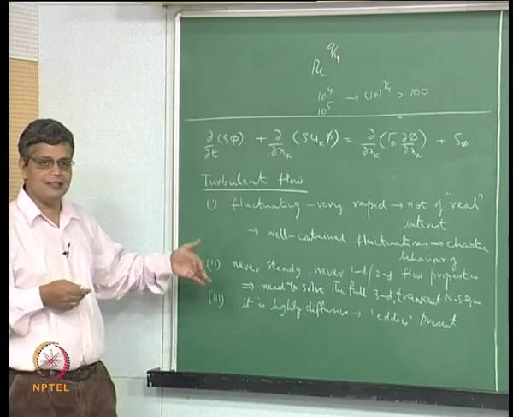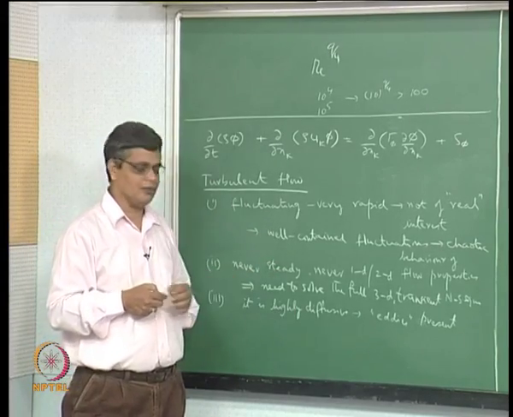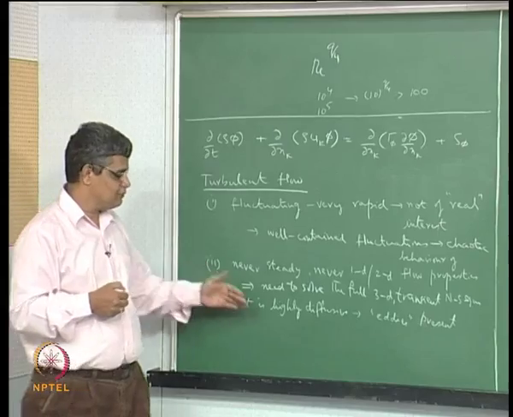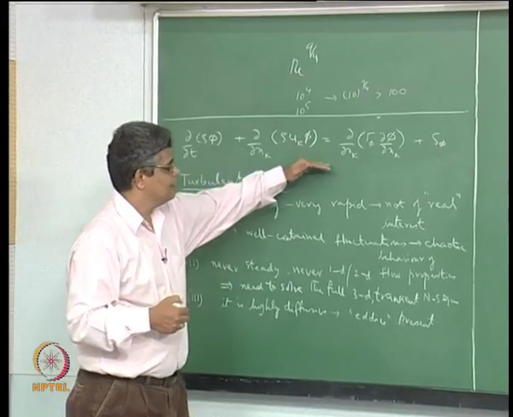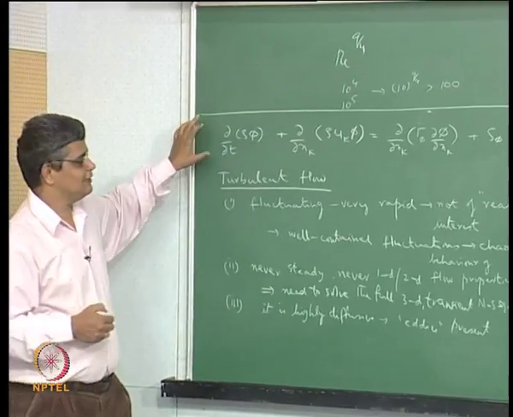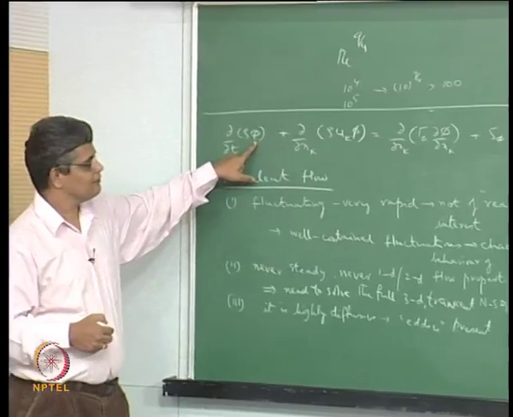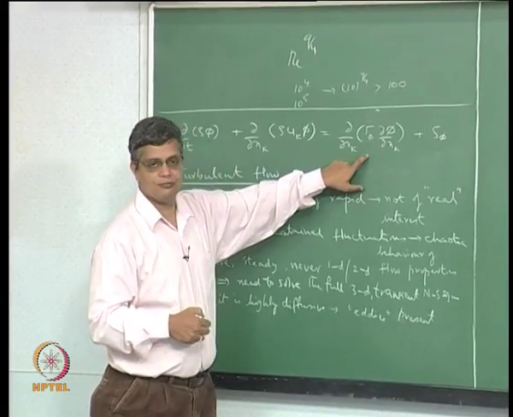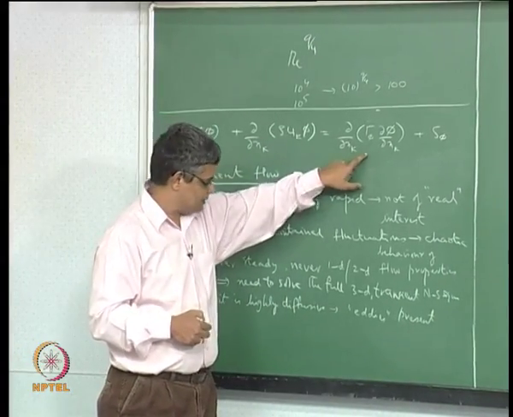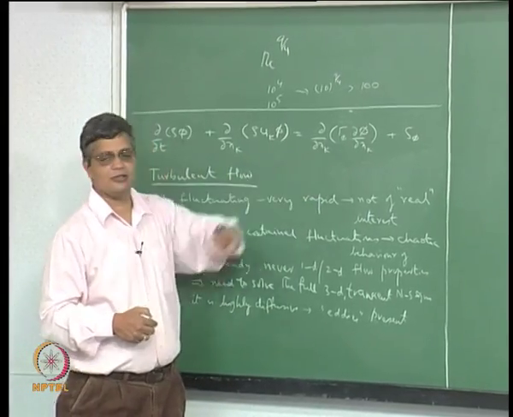And it is these eddies that are characteristic of turbulent flow which cause a lot of diffusion, and this diffusion actually affects the way that the parameter is going to change. This is the equation which governs the change of the parameter phi here, and there is a diffusive component here, and turbulence by its very diffusive nature directly plays in onto this diffusive term.